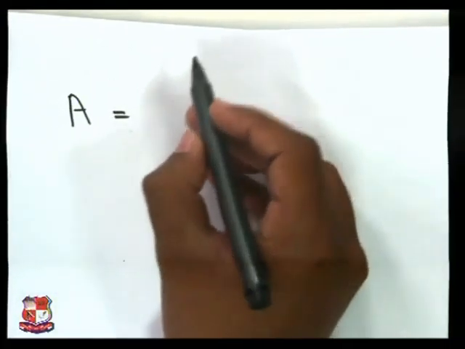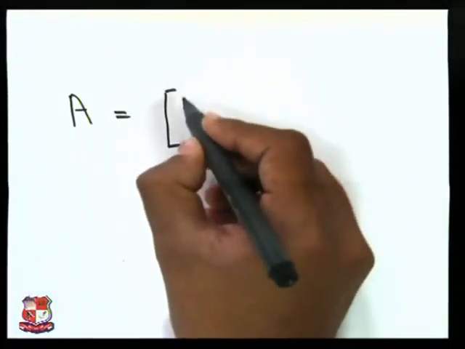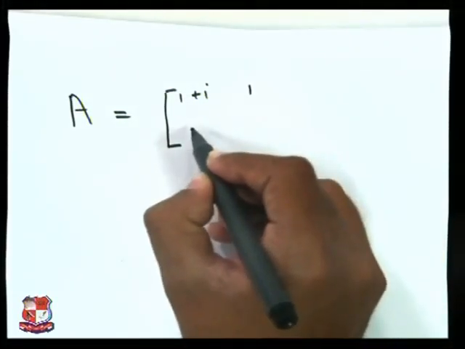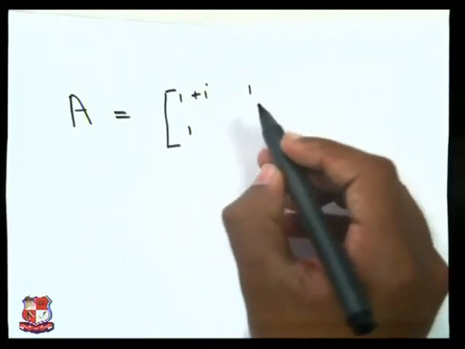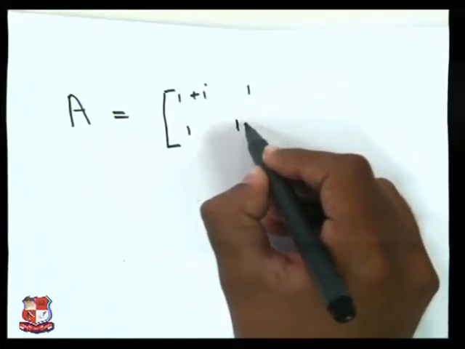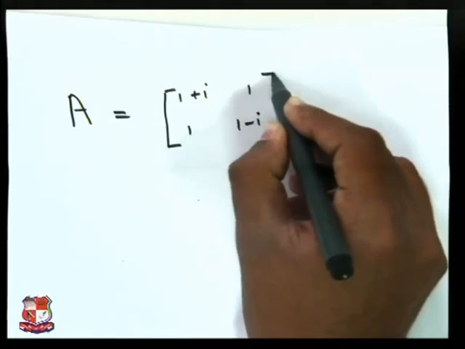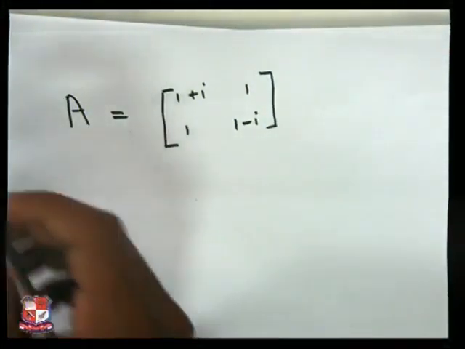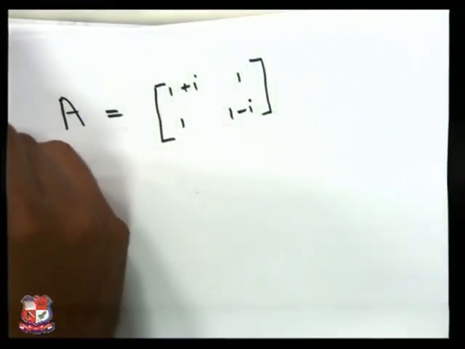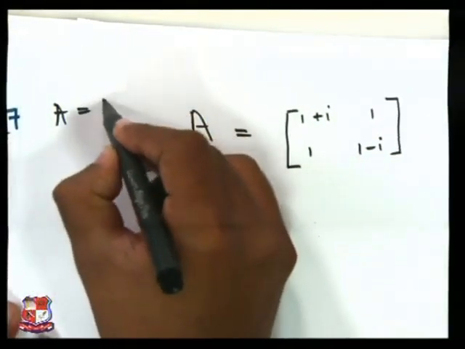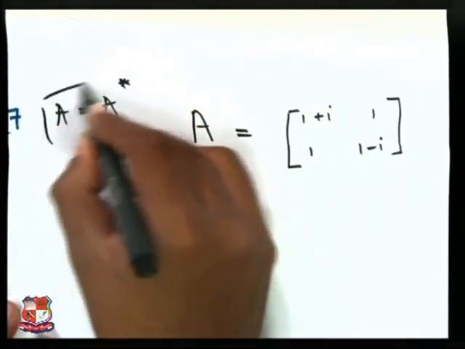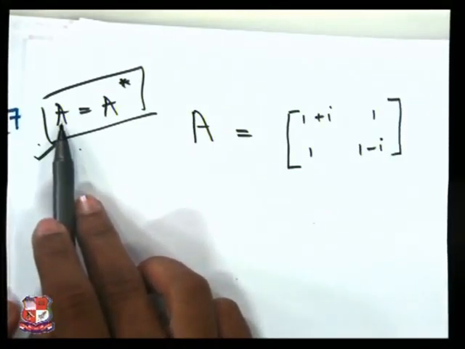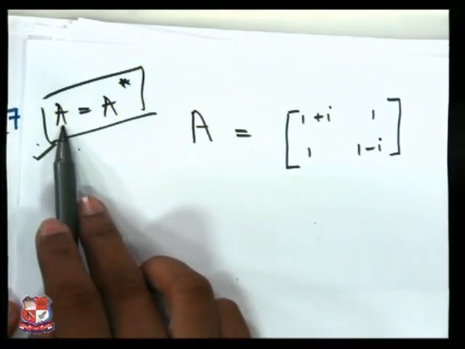Let's take A is equal to [1+i, 1; 1, 1-i]. Now Hermitian matrix means A is equal to A star. If this happens, we can say that A is a Hermitian matrix.